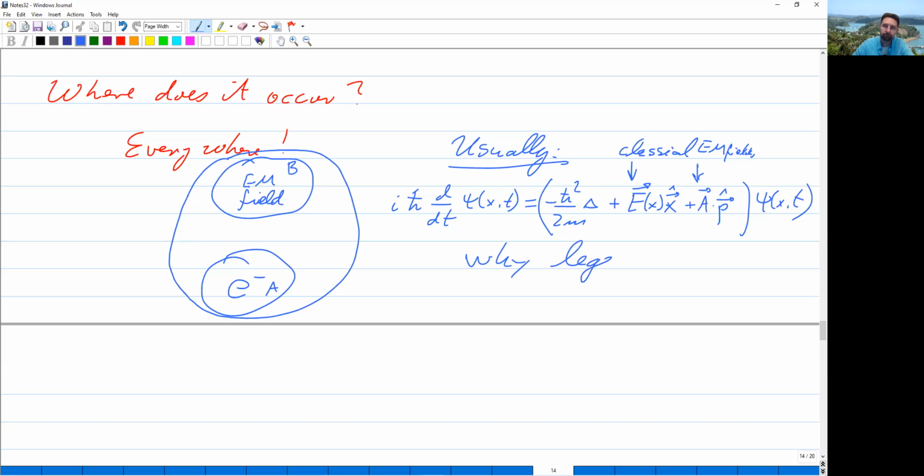Why legal? Shouldn't it be non-unitary? Shouldn't the evolution be non-unitary, given the strong interaction?